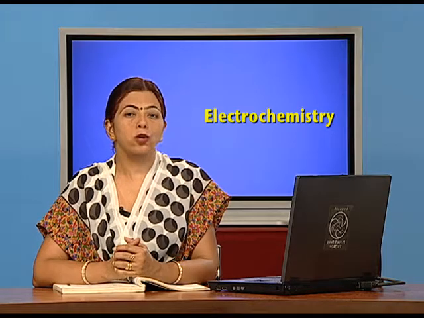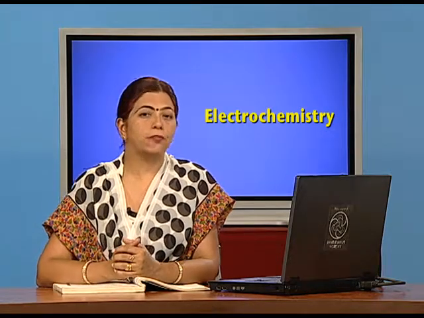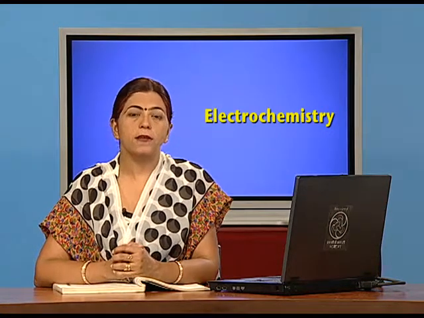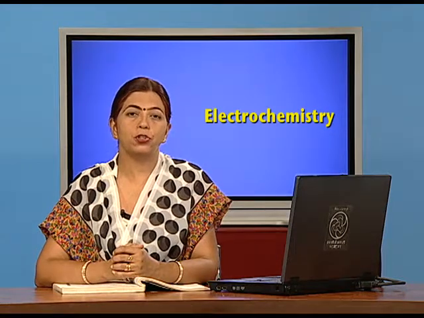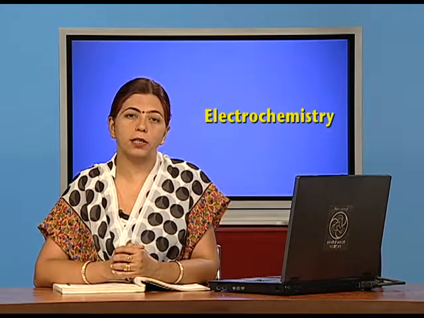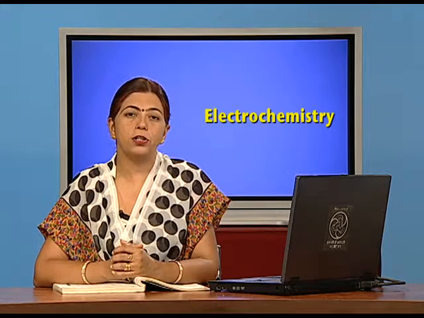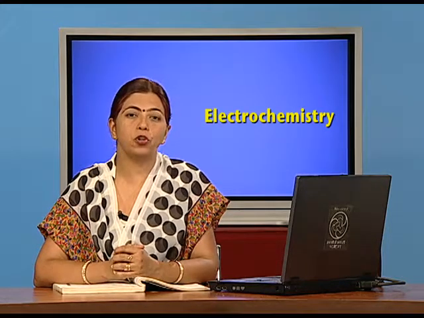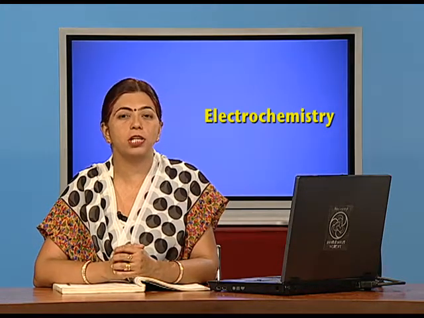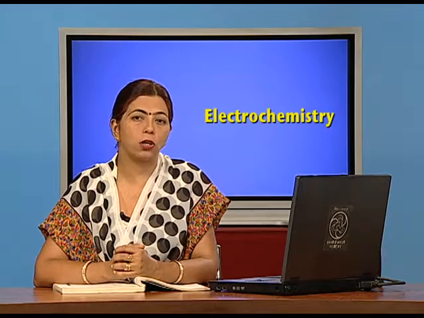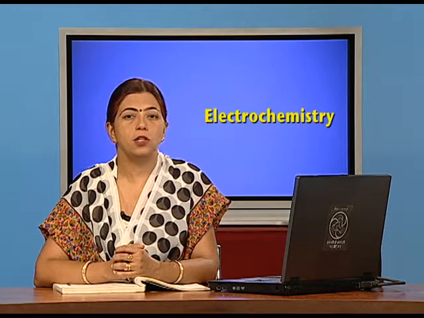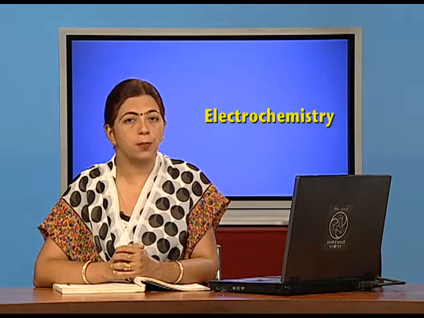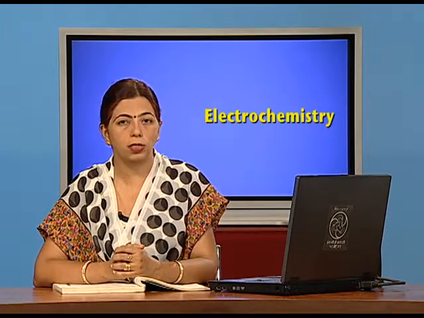The scientist Kohlrausch observed that ions have a definite and independent contribution towards molar conductance. He observed the dissociation and contribution of different ions in different electrolytes, taking strong and weak electrolytes, and then he gave his law, Kohlrausch's law of independent migration of ions.